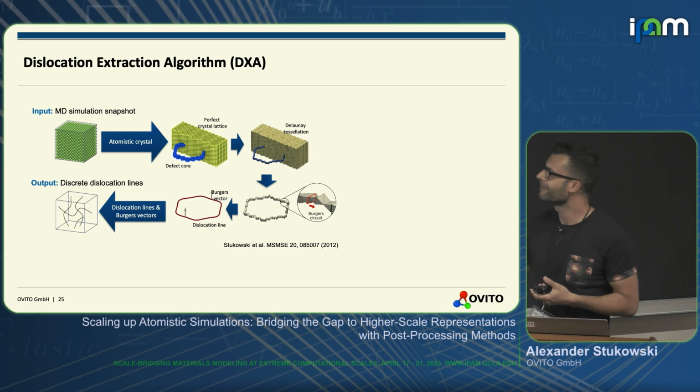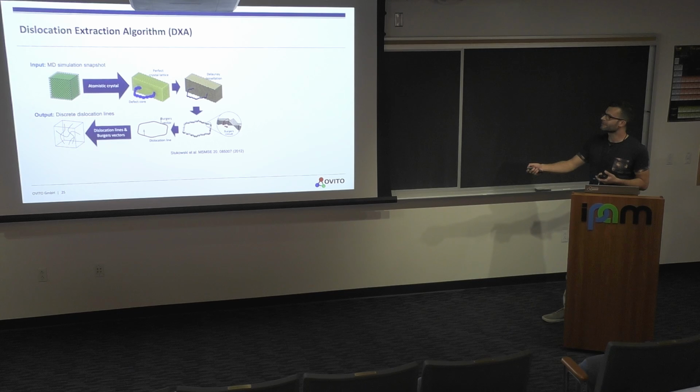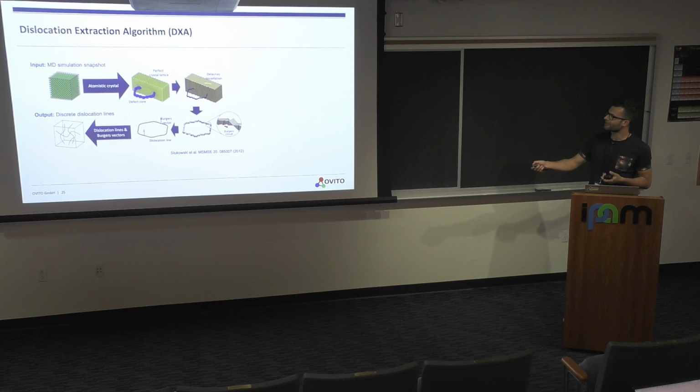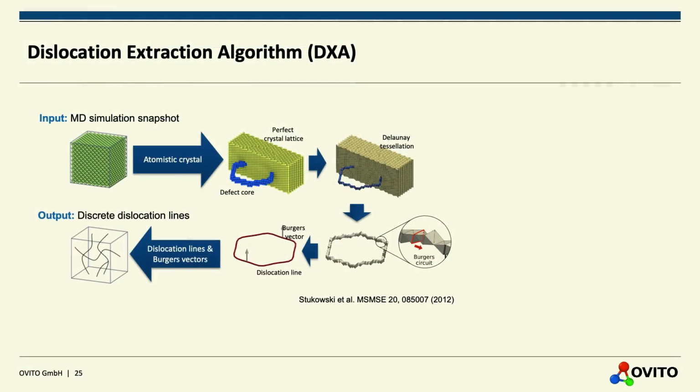So I can give you a brief overview of the steps involved. The first step is an atomic structure identification. So we identify the perfect crystal atoms surrounding the dislocations. Then a Delaunay tessellation is constructed to basically carve out the core regions or the core volume of the dislocation or defects.